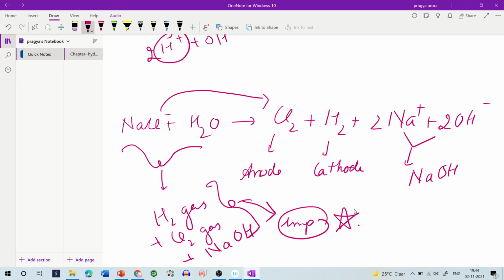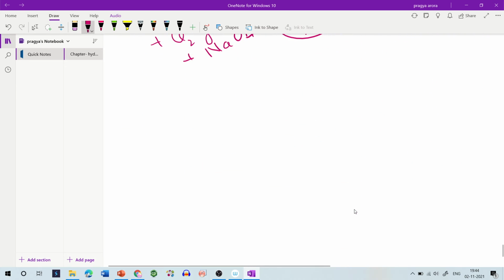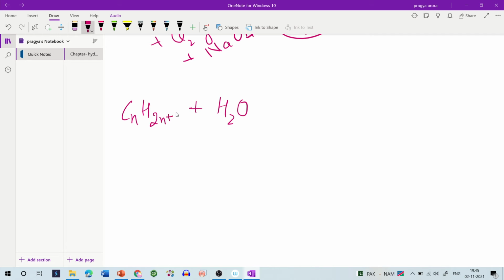After this, the other method to prepare hydrogen gas is the reaction of water with saturated hydrocarbon. We know that alkanes are saturated hydrocarbons. How do we write alkanes? The general formula for writing alkanes is CnH2n+2, like CH4.